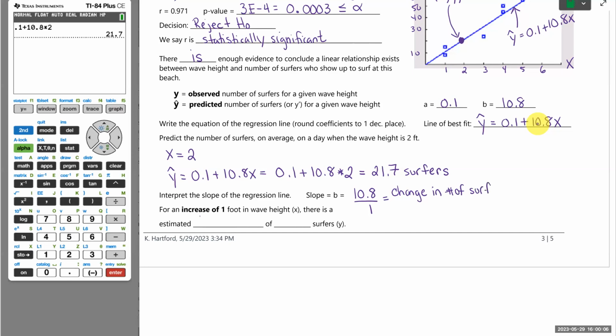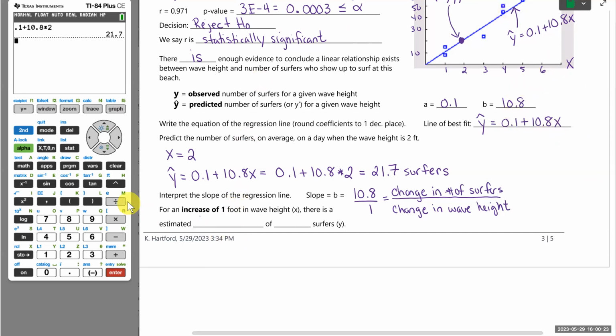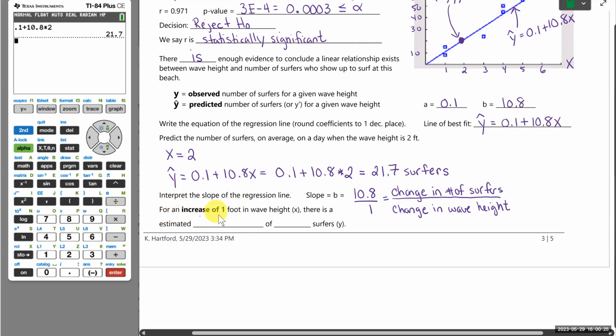So the change in the number of surfers over the change in x, and x was the wave height. So when we see this phrase, for an increase of 1, they're referring to interpreting the slope. So that's why I wrote the slope over 1.